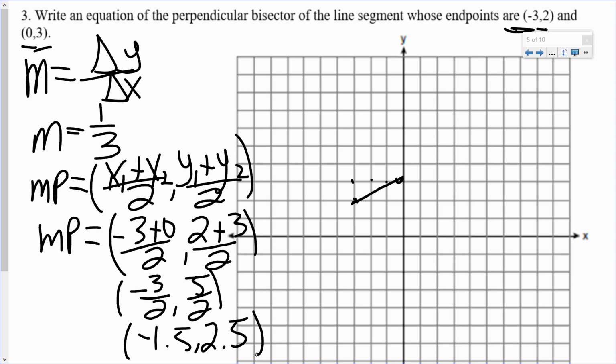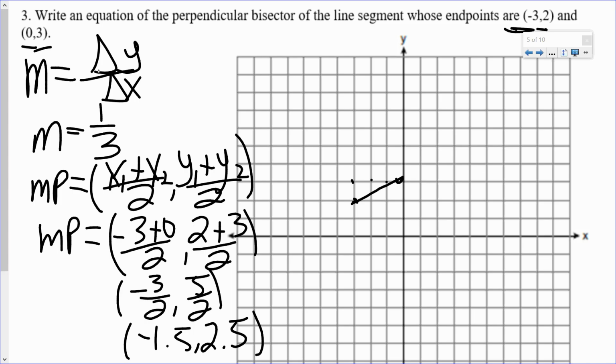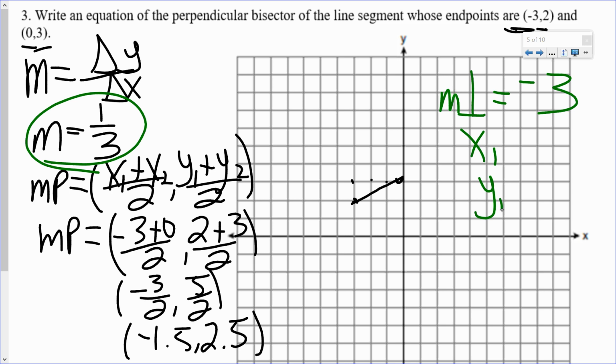Now that I have that, my slope is the negative reciprocal of this slope. The negative reciprocal of 1/3 is -3. x1, y1 is going to be -1.5 and 2.5.